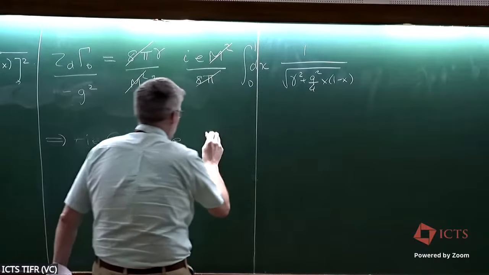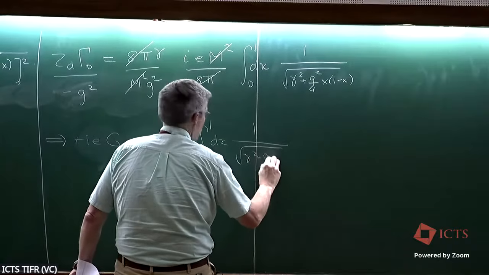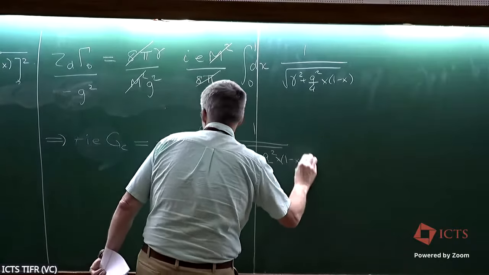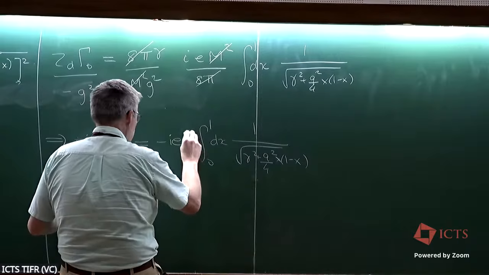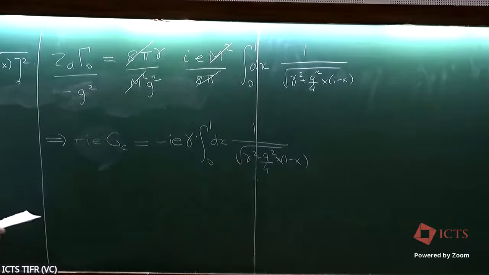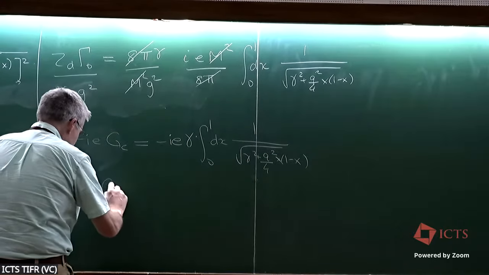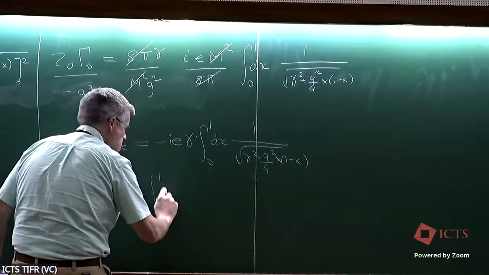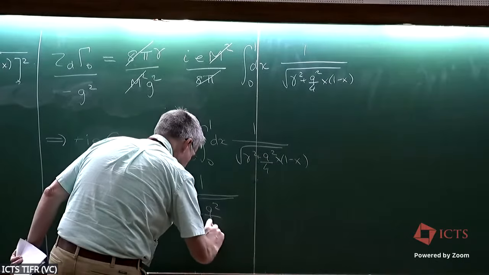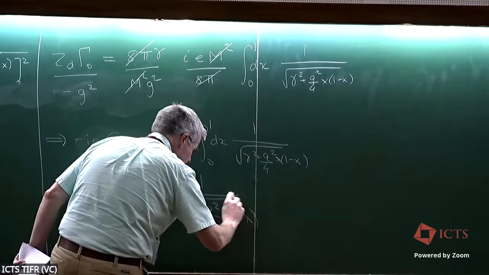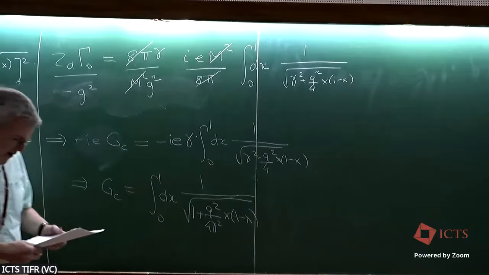We have a minus IE on both sides, and we just have this integral to do. But we also have this factor of gamma left over. But the factor of gamma helps us to write this integral in terms of a dimensionless parameter. So we see that the form factor here should depend only on the ratio q squared over 4 gamma squared.